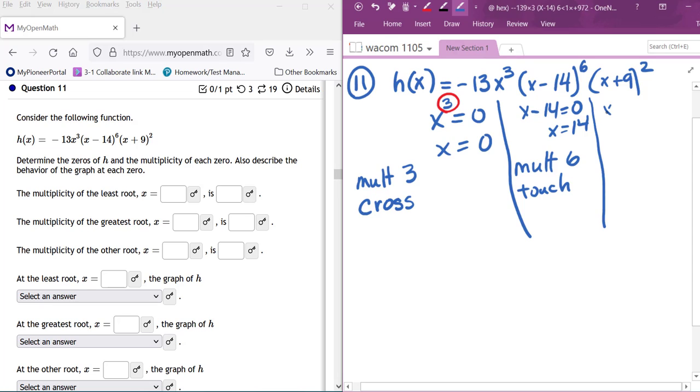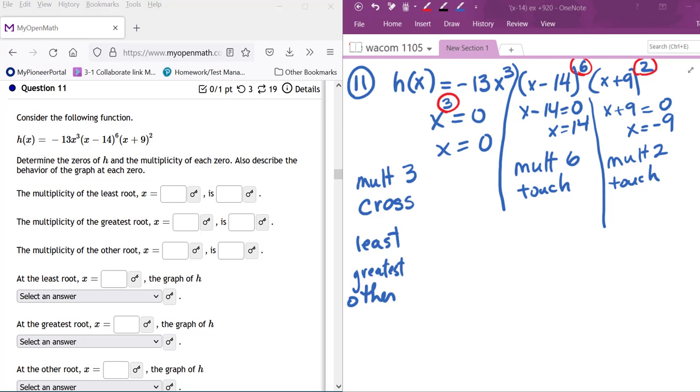And our last one, x plus 9, set it equal to 0, and it has multiplicity 2. We'll solve it first. x equals -9. Multiplicity 2. That's also even. It will touch and turn around.